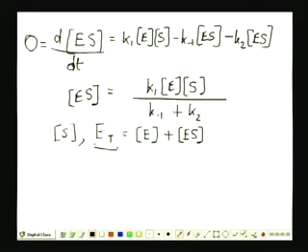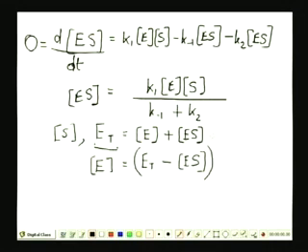So, now if I change the expression and instead of the free enzyme concentration, I write ET minus ES, where do I have this quantity in my expression? Here.